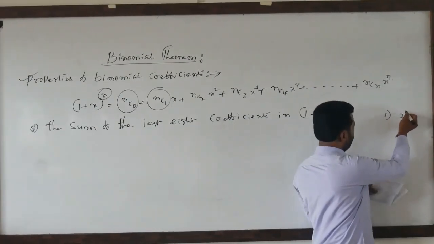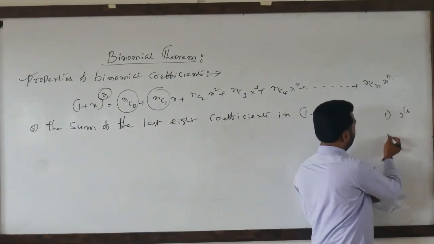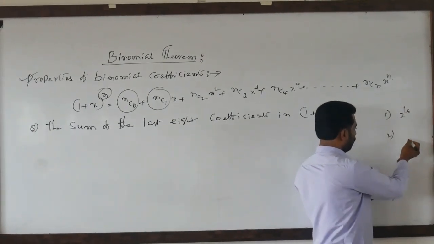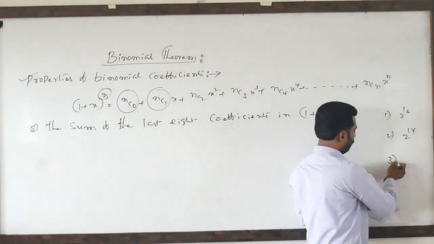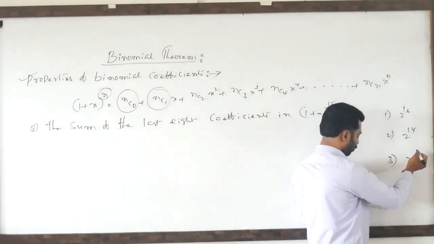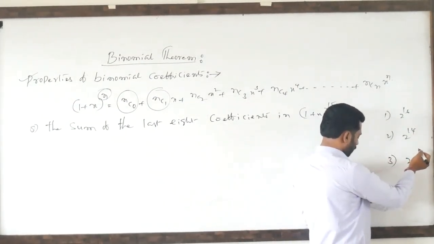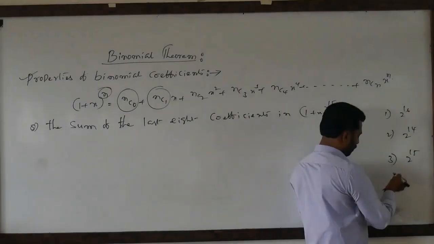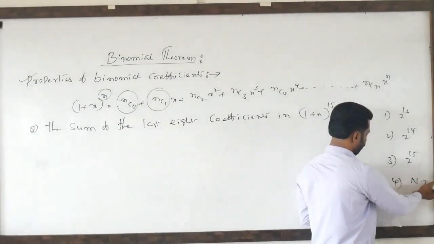First option is 2^16. Second option is 2^14. Third option is 2^15. Fourth option is none of these.